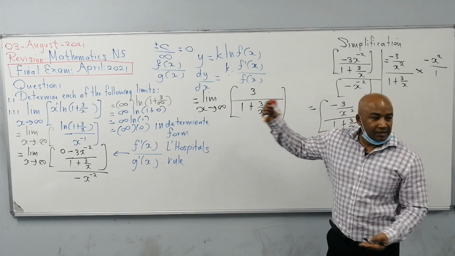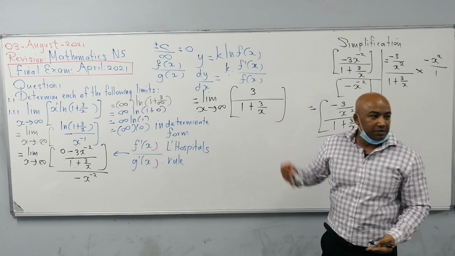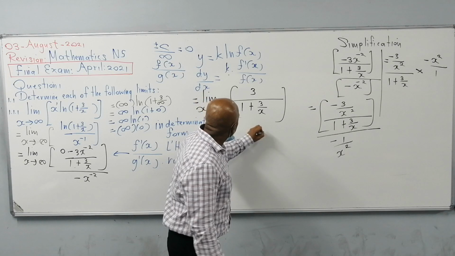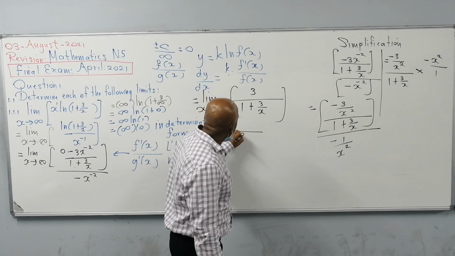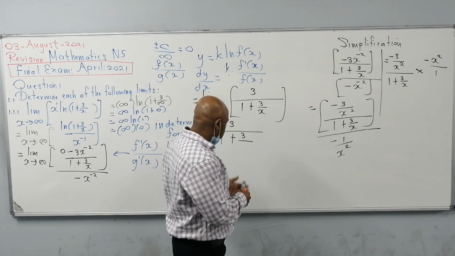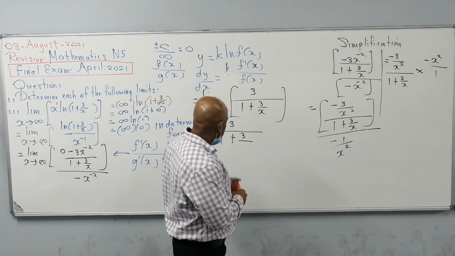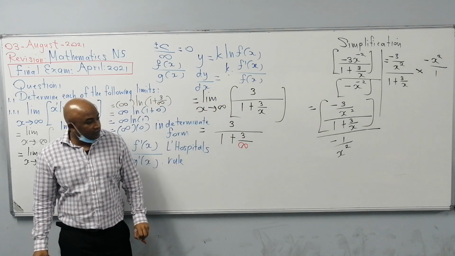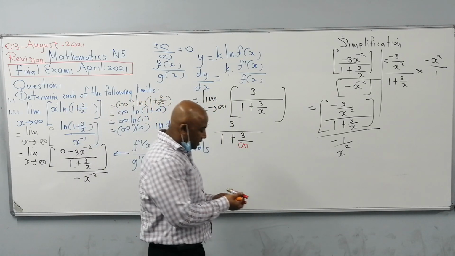Now, simplify and now substitute. So let's substitute again. So that's going to be 3 all divided by 1 plus 3 divided by, we are replacing x with infinity. Alright, so now let's see what happens here.